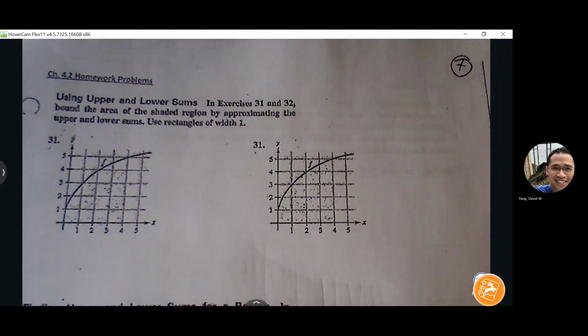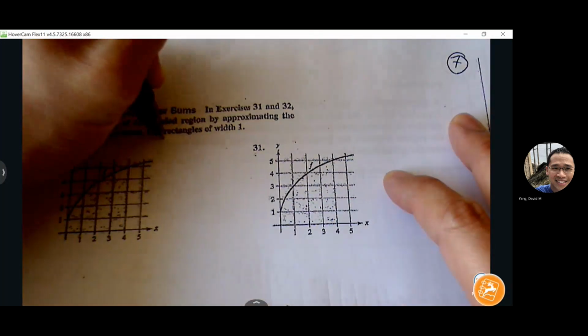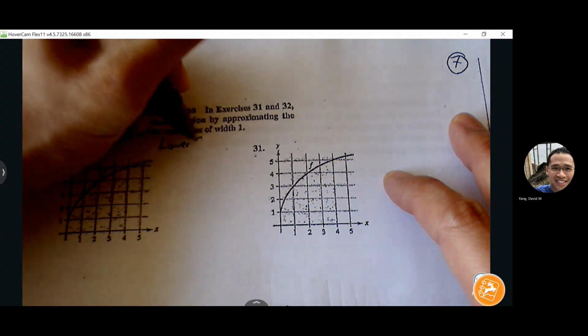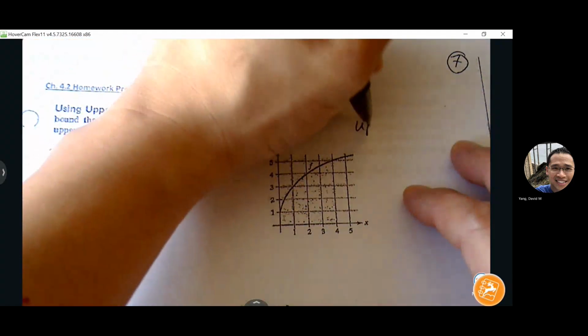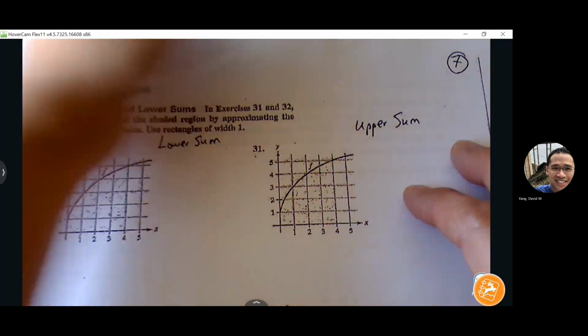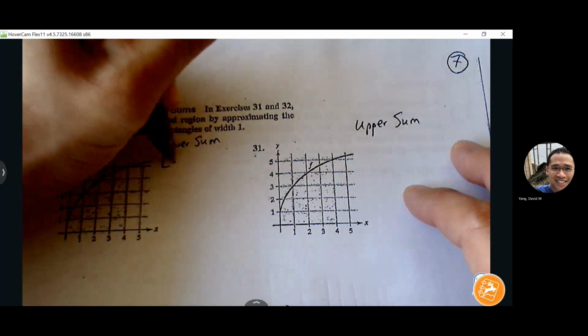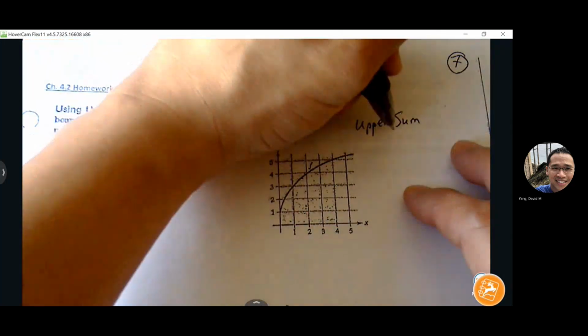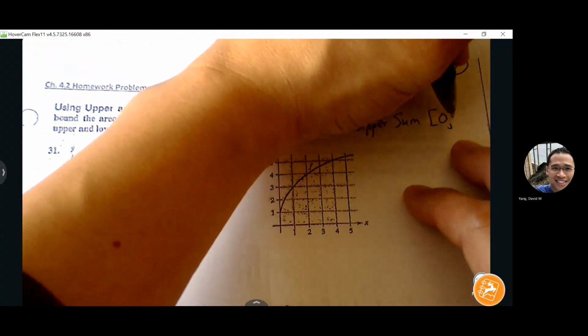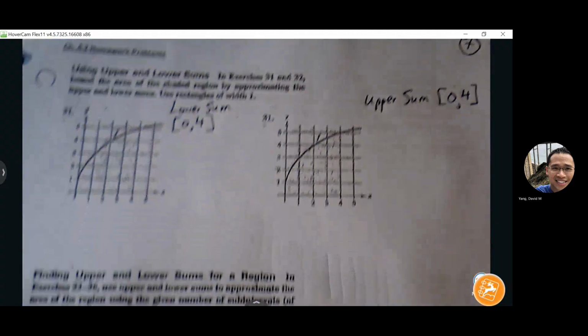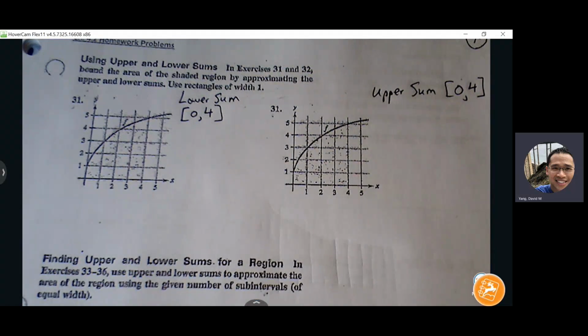So page 7. Okay, the shading is a little grainy.